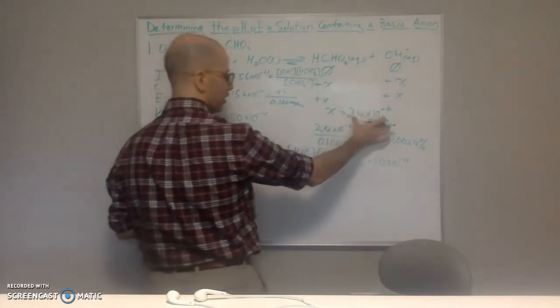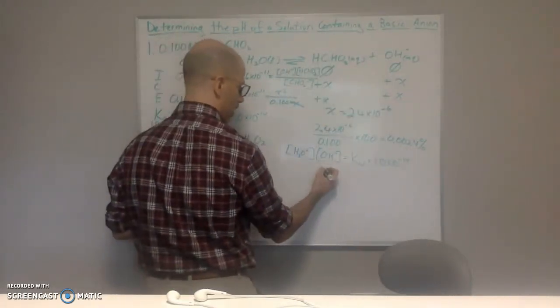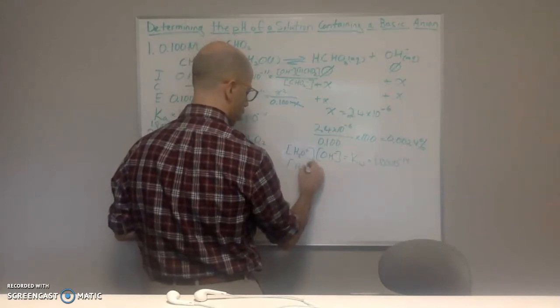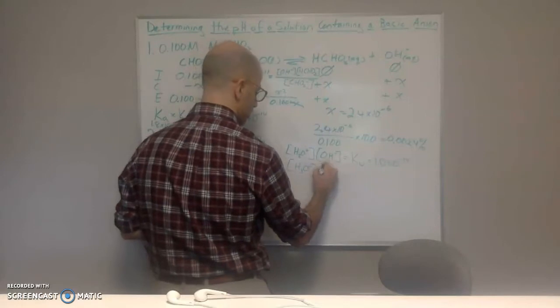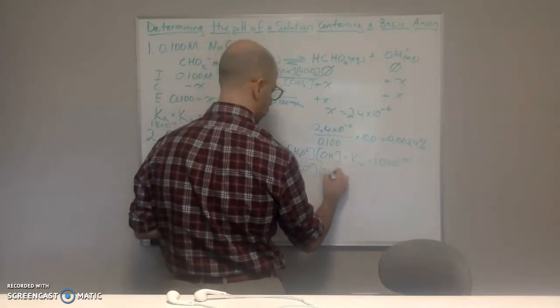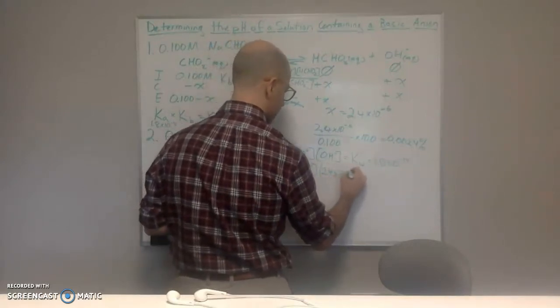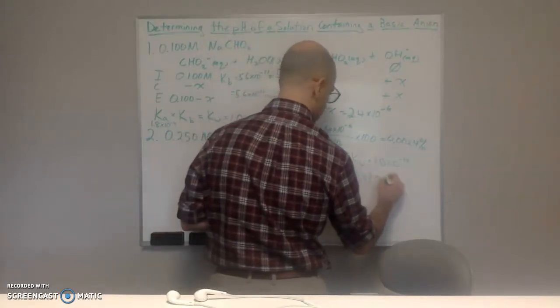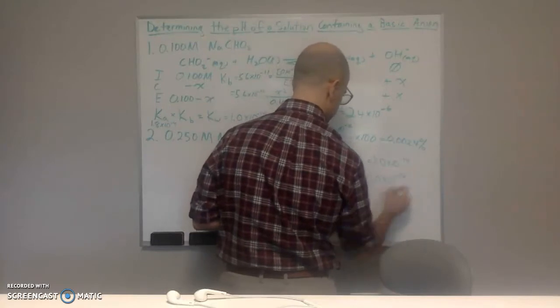Now we can plug this into our hydroxide ion concentration. So then H3O plus times 2.4 times 10 to the negative 6 is equal to 1.0 times 10 to the negative 14.